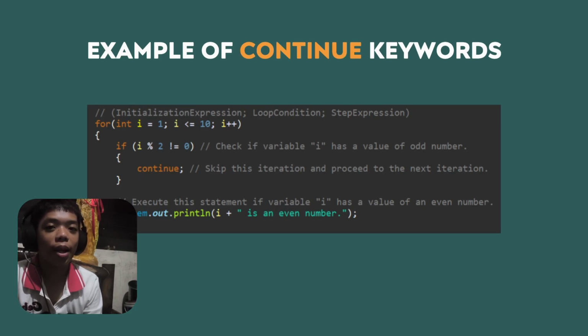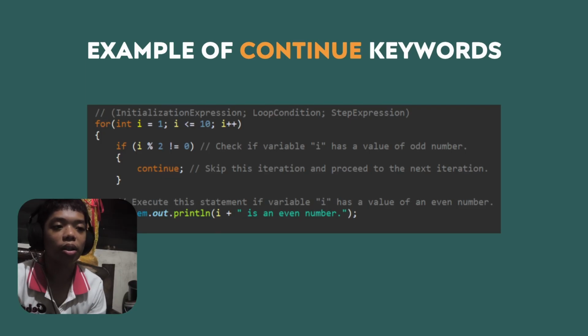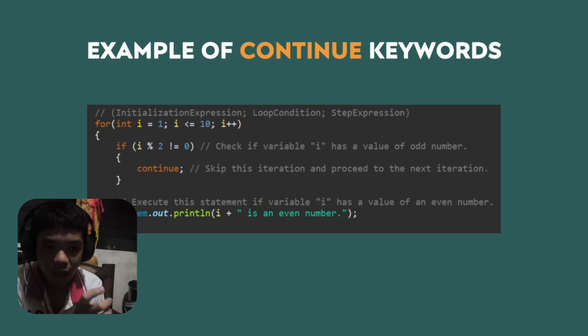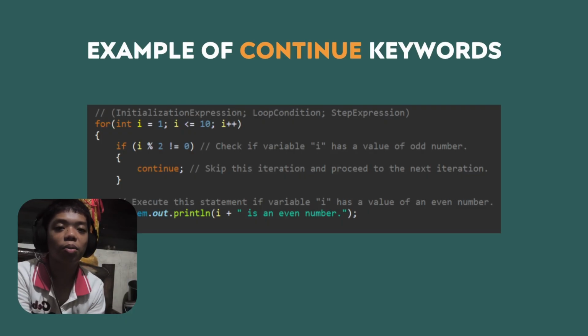When an odd number appears in the iteration, we use continue, meaning that this iteration is skipped and we proceed to the next iteration. So what we're doing here is preventing our code from printing odd numbers and printing just the even numbers.